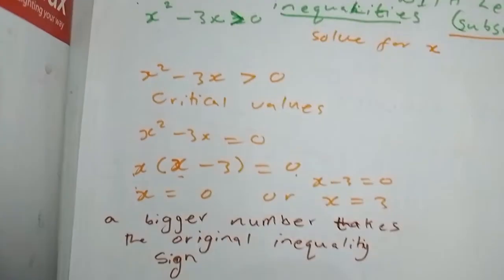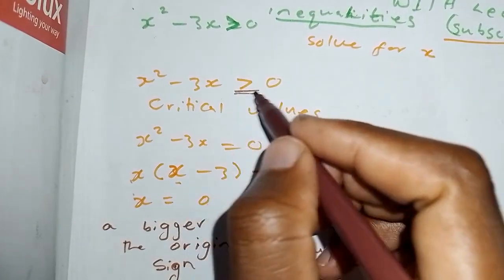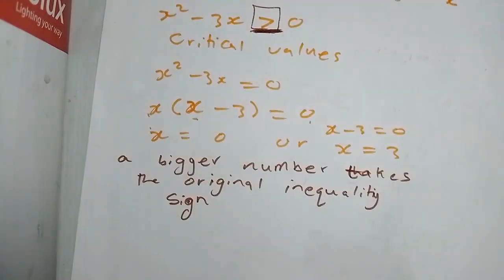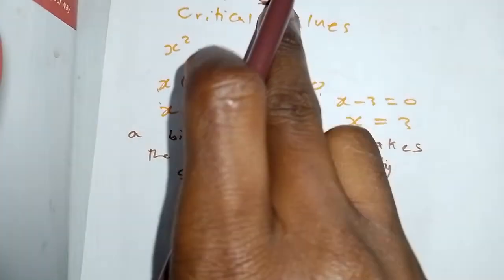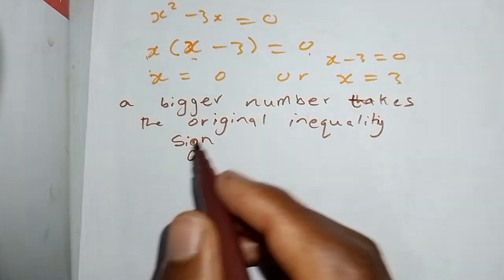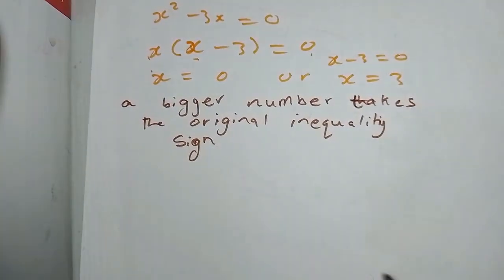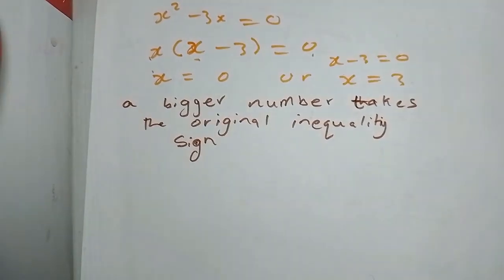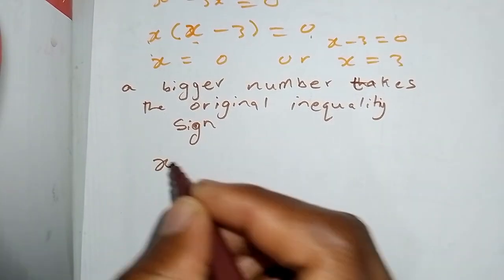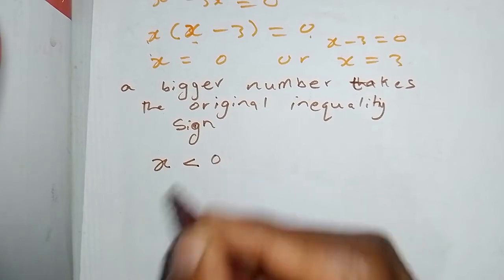In this case, what is my original inequality sign? This is my original inequality sign. So my bigger value should take that. What is my bigger value? My bigger value is this. If my bigger value takes the original inequality sign, the other value of x will just get the opposite inequality sign. So I'm just going to have x is less than 0.